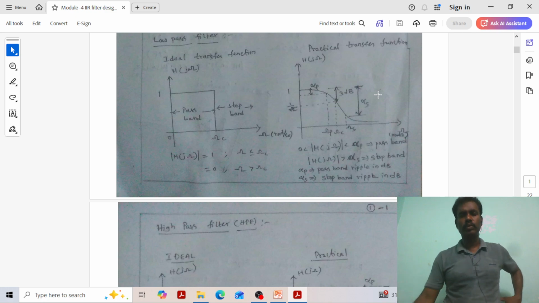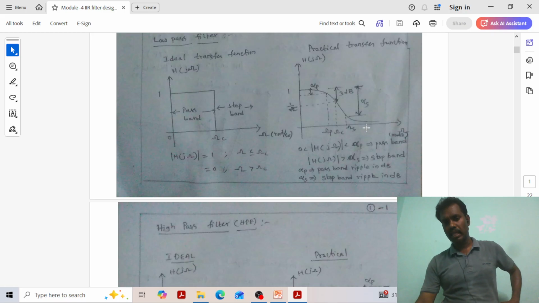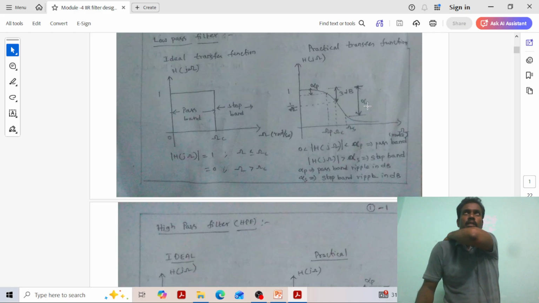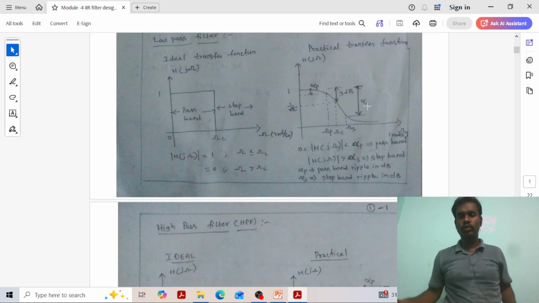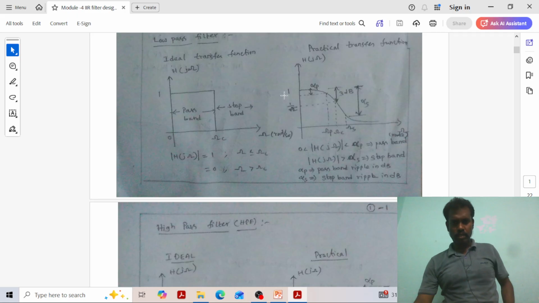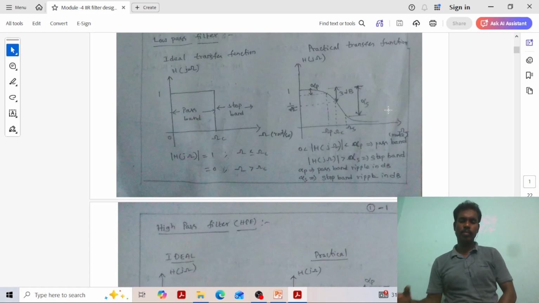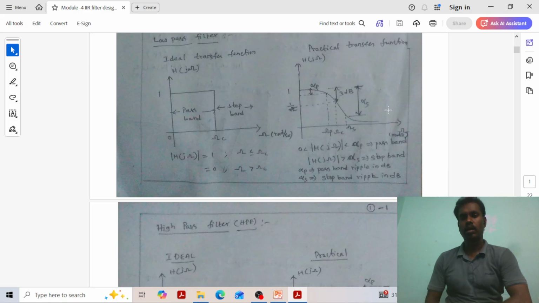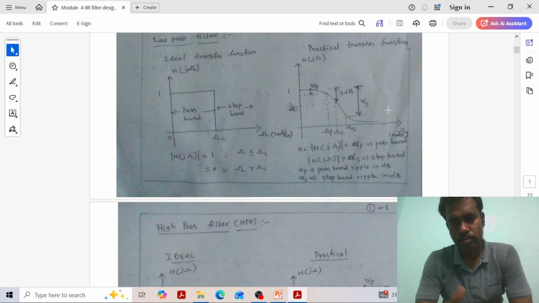So minimum we need this, but the deviation can be more. The deviation can be very high, towards the origin. So the transfer function looks like this. Alpha s is the stop band ripple, the stop band attenuation in decibels. Alpha p is the passband attenuation or passband ripple.